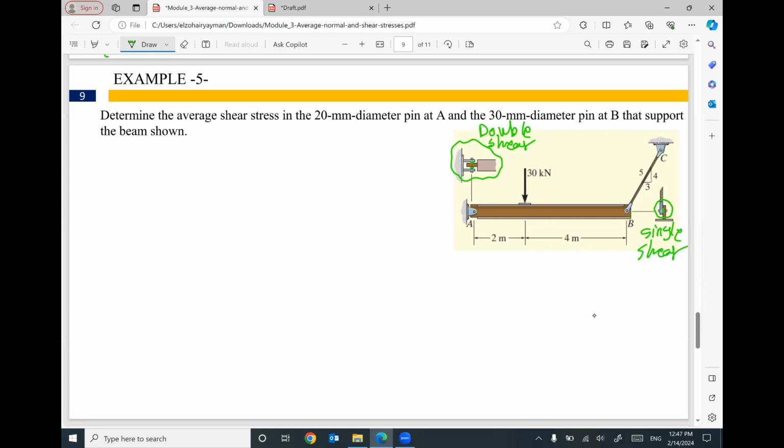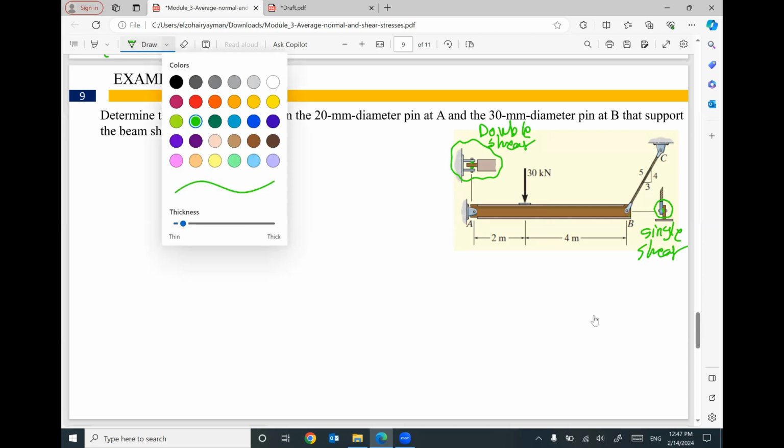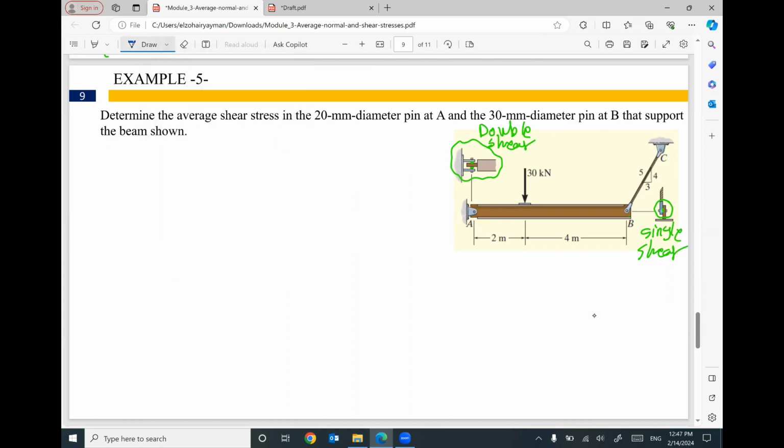But I have to start with engineering mechanics because I have to figure out the force in this cable BC and what are the reactions at A. These reactions or this force will be used to figure out the average shear stress. We are looking to figure out what is the average shear stress in this 20 millimeter diameter pin at A and 30 millimeter pin at B.